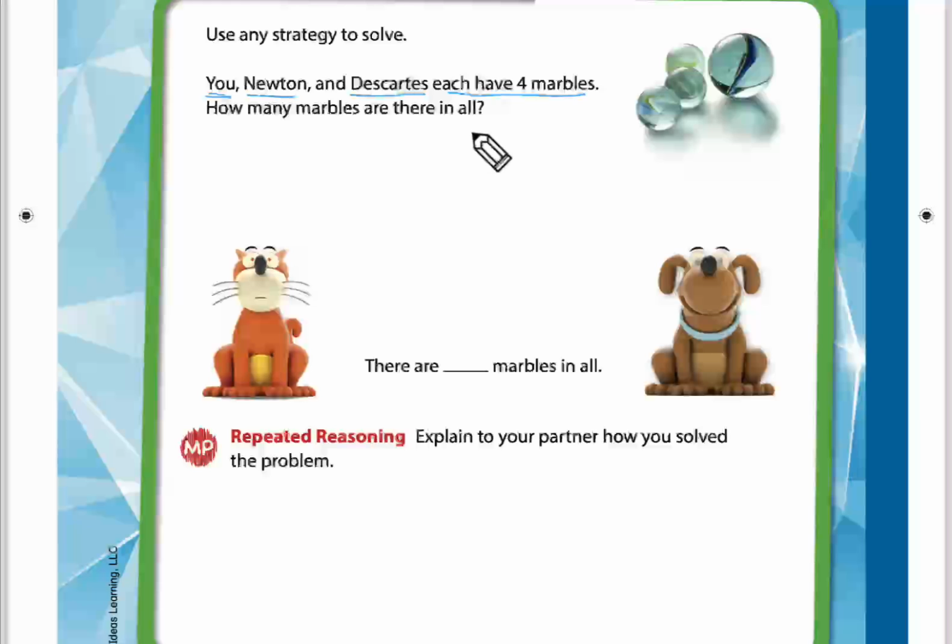So, my heroes, to solve this question, you know that you have 3 persons, you, Newton, and Descartes. So these are 3. And each one has 4 marbles. So you have 4, Newton has 4, Descartes has 4.